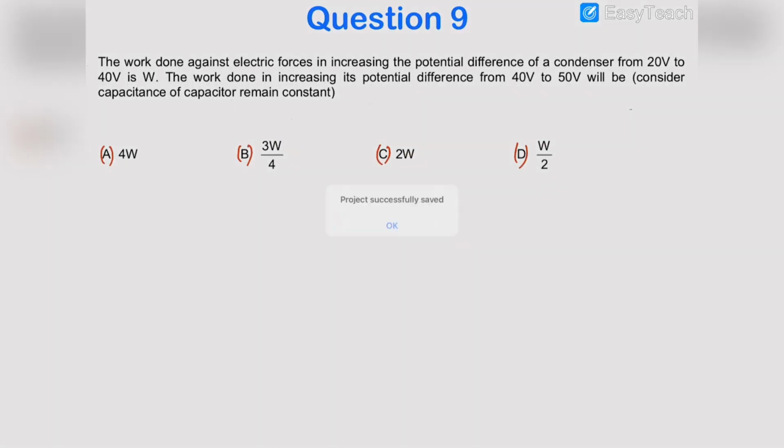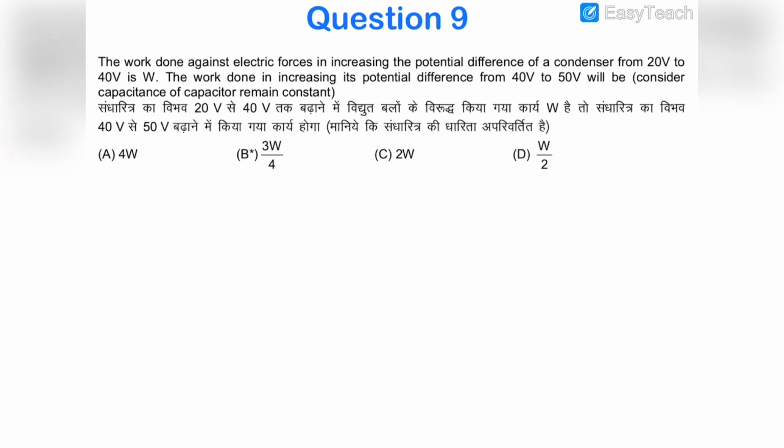In this question, you can see that the work done against electric forces in increasing the potential difference of a capacitor from 20 to 40 volt is W. Now work done in increasing the potential difference from 40 to 50 volt would be. So obviously the work done will be equal to delta U, considering that there is no resistance in the circuit.